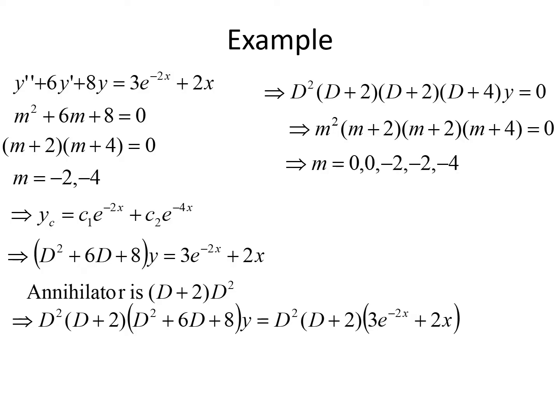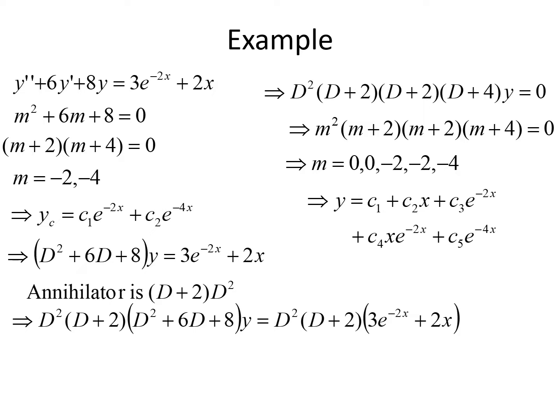And that means m is going to equal 0, 0, negative 2, or negative 4. So we can use those roots to form the general solution, y equals c1 plus c2x plus c3 e to the negative 2x plus c4x e to the negative 2x plus c5 e to the negative 4x.